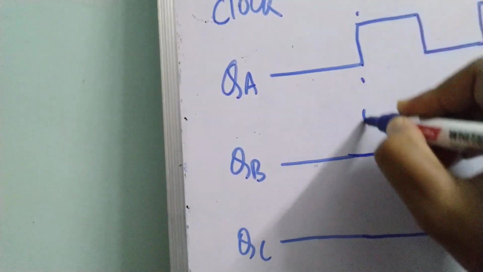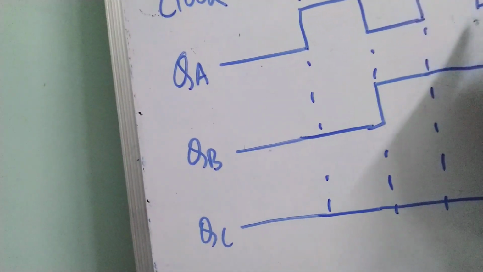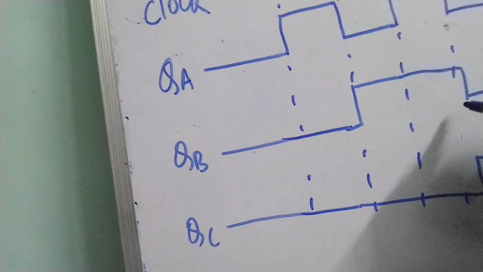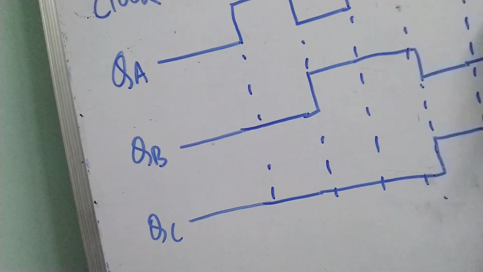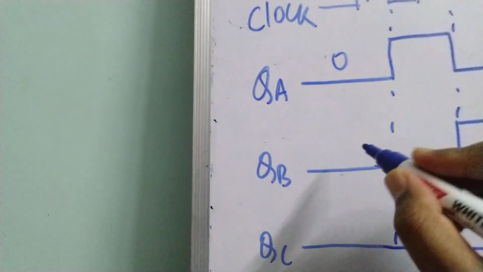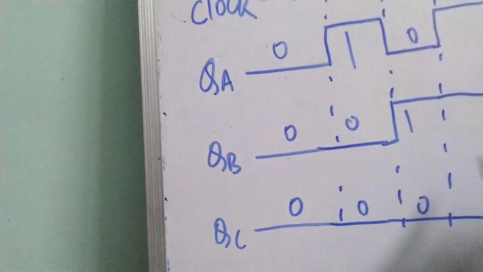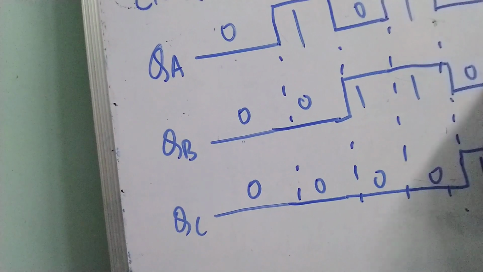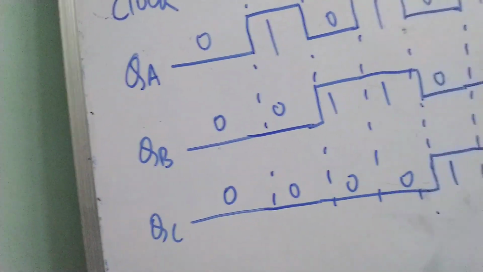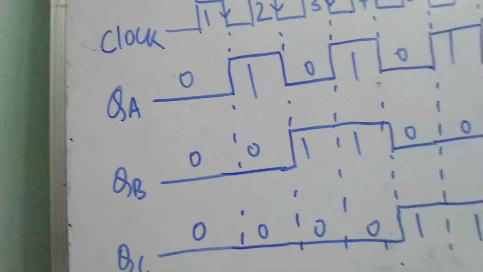So you may write here: initially it was 0 0 0, now it is 0 0 1, 0 1 0, 0 1 1, 1 0 0, 1 0 1, 1 1 0, and it remains in the same state 1 1 1.